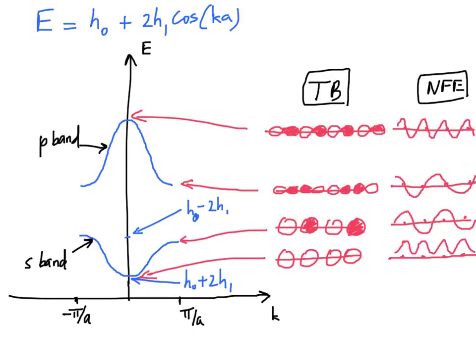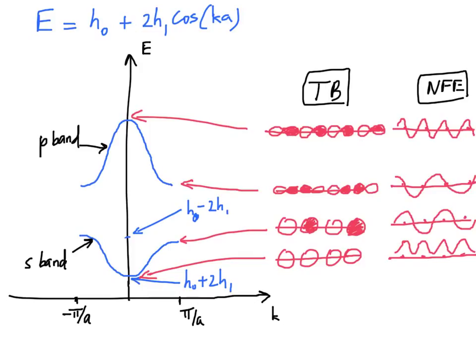So you see the tight binding and the nearly free electron models lead us to the same results at the very end, qualitatively. The wave function pictures of the tight binding model match up with the wave function picture of the nearly free electron model, and likewise the band structure plot that we get at the end is essentially the same as what we got using the nearly free electron model.